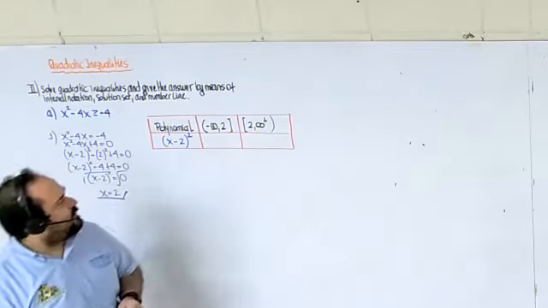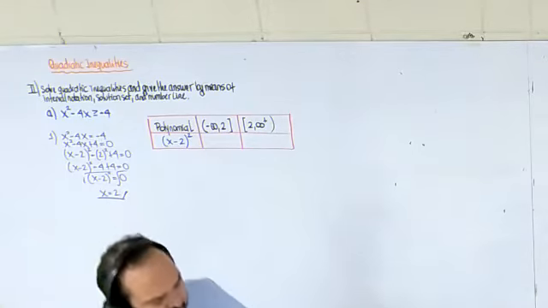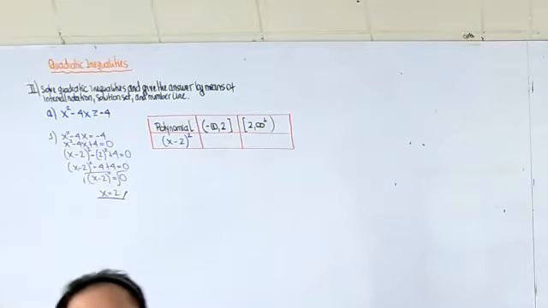Okay, so in the first one, we have to choose one number located between negative infinity and 2. Would you like to choose one number, please? Between negative infinity and the number 2? Choose one number. -3.